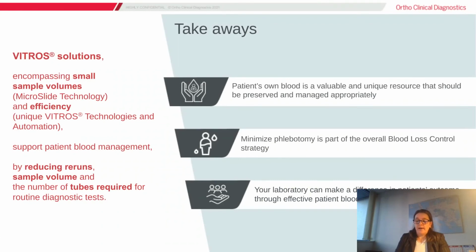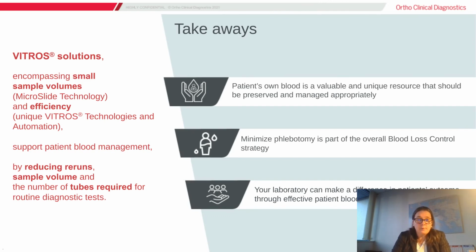Let me now conclude with a few takeaways which I find crucial. Well, first of all, patient blood is a valuable and unique resource that should be preserved and managed appropriately.